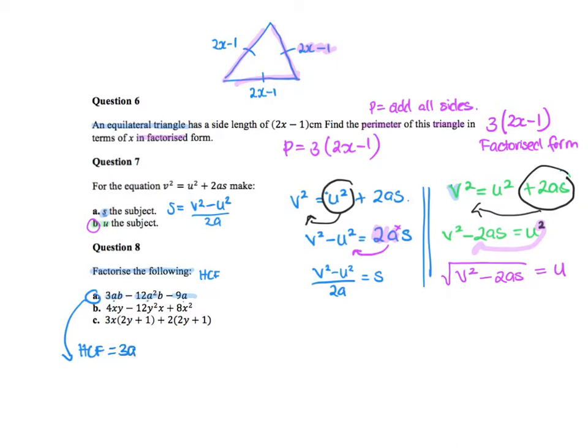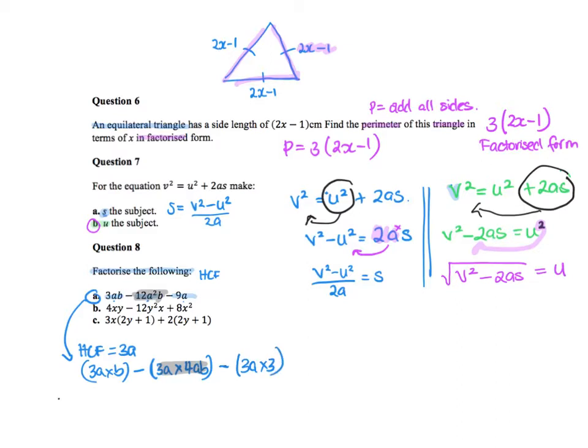So if I wrote out that expression with this factor, it'd be 3A times B, that's my first one, minus 3A times 4AB. Remember, this term needs to equal this term here, which I have. And then minus, I'm making the 9A in terms of 3A, it would be 3A times 3.